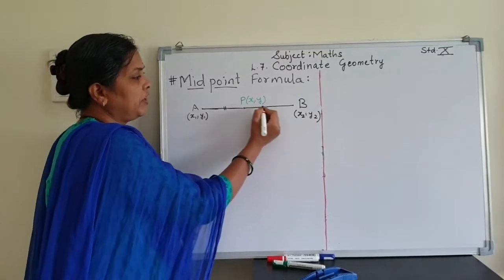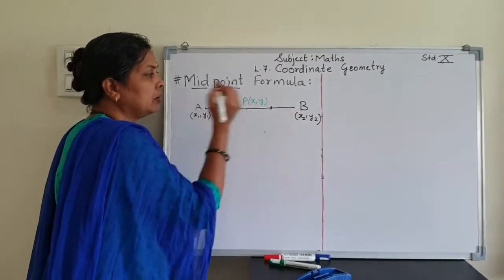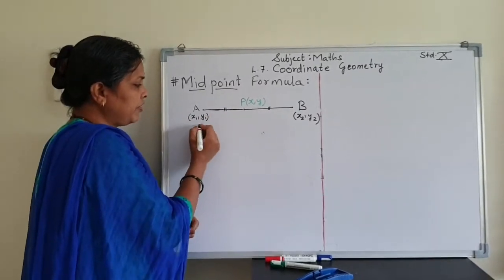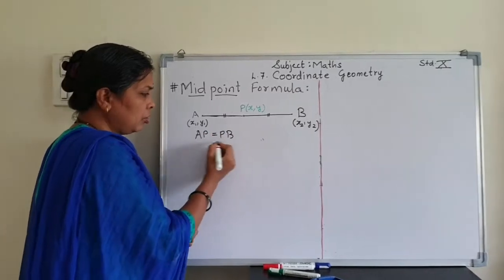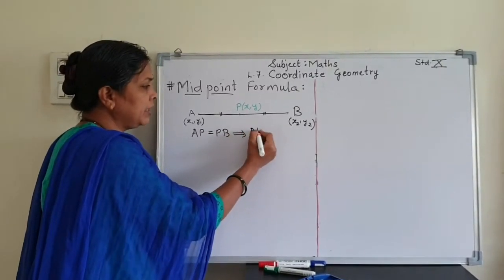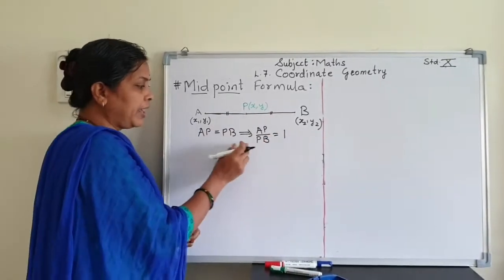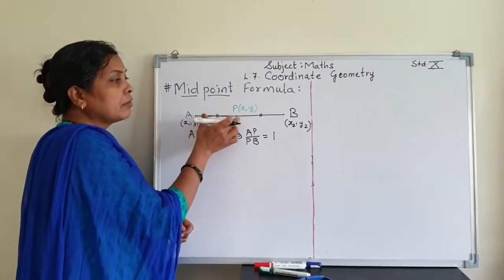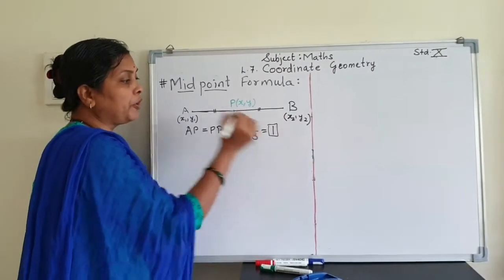So whatever is this, AP is equal to PB. So AP upon PB is equal to 1. The ratio of AP to PB is 1 in midpoint formula.